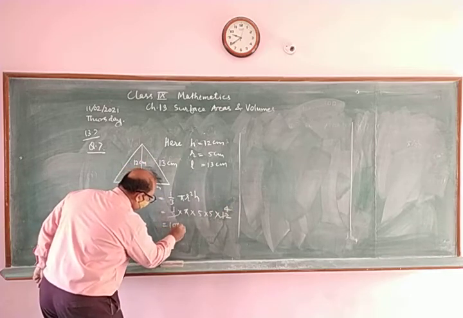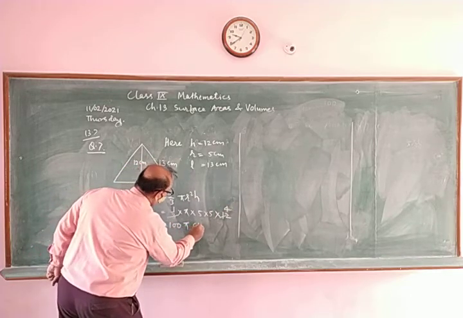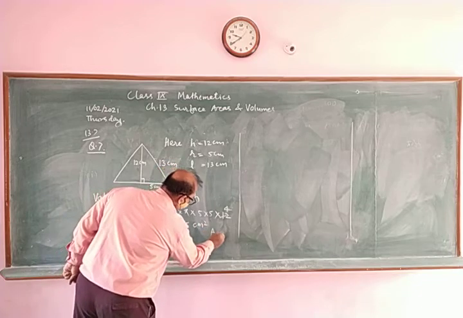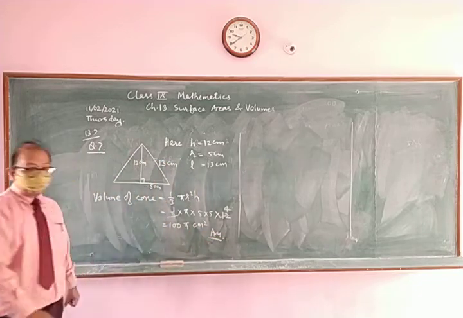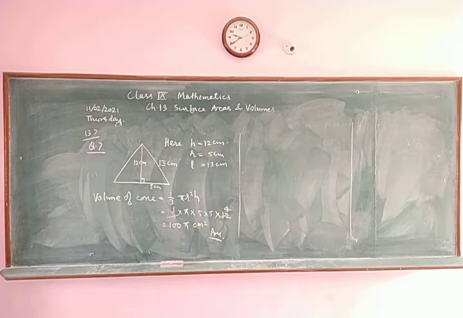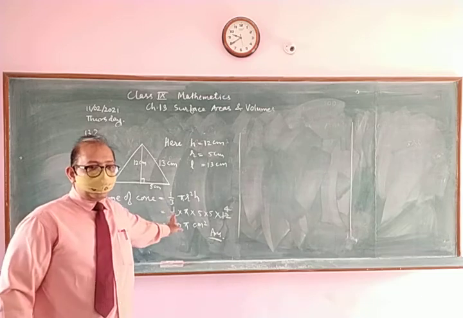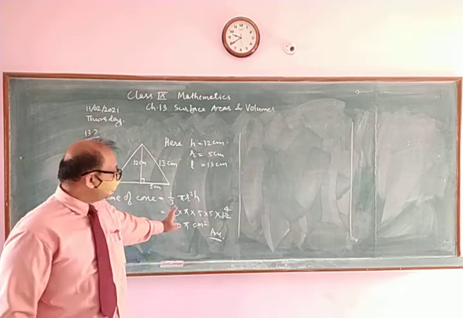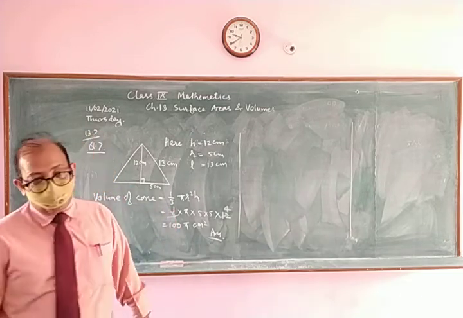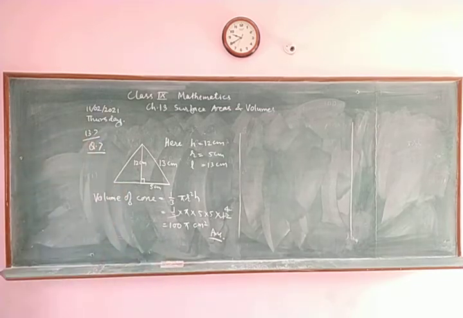It is equal to 100 pi cubic centimeter. We are not putting the value of pi. Why we are not putting the value of pi? Because the next question 8 is also related with question number 7. So we are not putting the value of pi. Our answer is finished here. This is the volume of cone. Note it down.